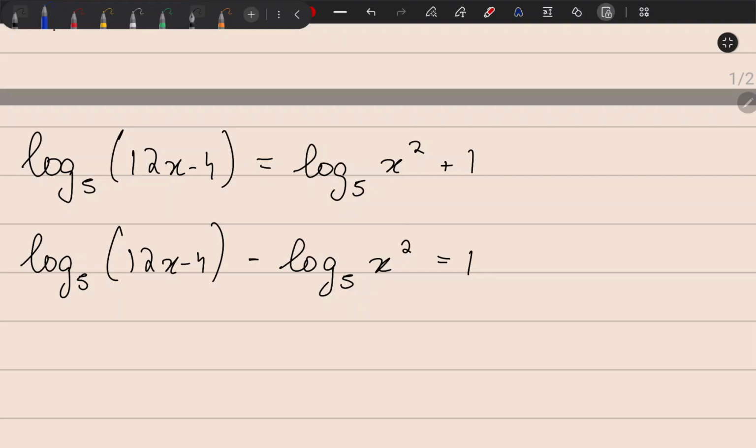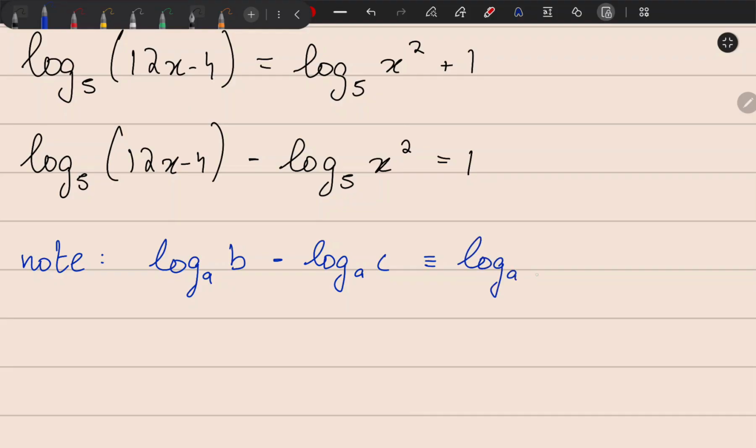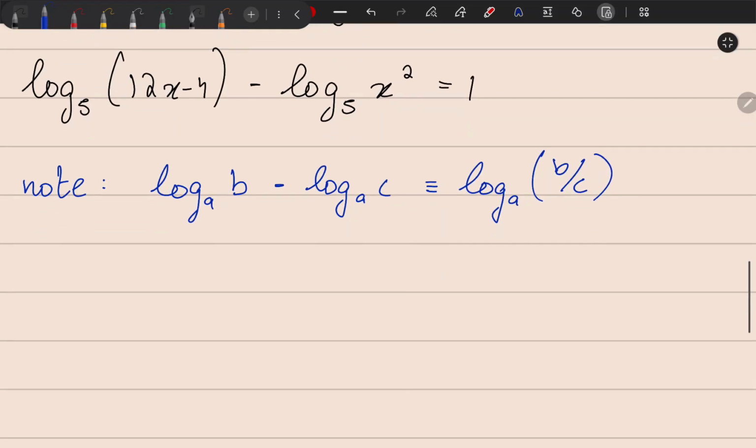So now let's introduce two identities. The first, log base a of b minus log base a of c is equal to log base a of b upon c. This is our first identity. The other identity is log base a of a will always be equal to 1. Alright, so see here, the bases are the same.